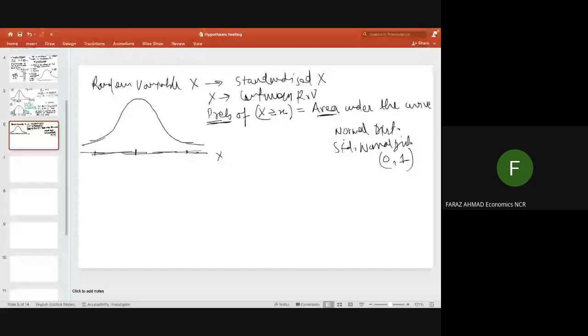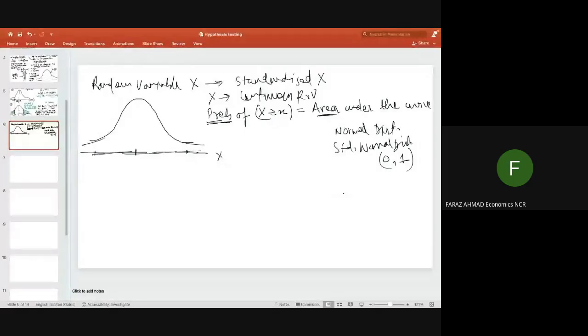So the meaning of standardization here is nothing but shifting to another scale, shifting to a standard scale, right? The way we shift to a standard scale is by calculating the standard error and dividing the variable by its standard error, right?